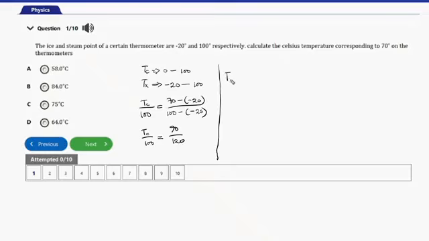So in that case, if we make TC the subject of this equation, we are going to have that TC is equal to 90 times 100 over 120. So guys, that corresponds to 75 degrees Celsius, and that's option C here.